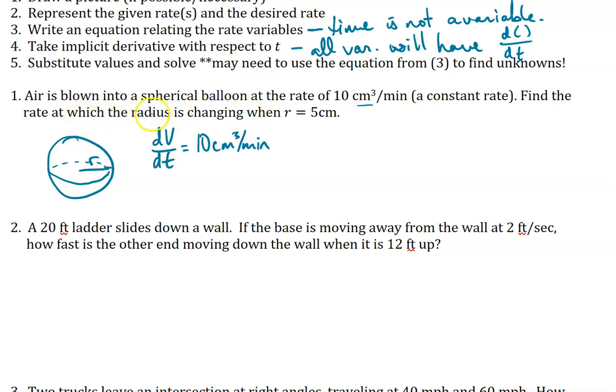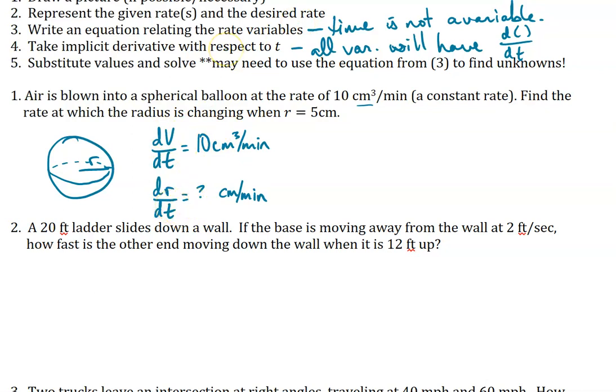So I'm looking for the rate of change of radius. So I want to know what is dr over dt if I use r for radius. And this is going to be some rate of change in centimeters per minute. Okay, so step 2, I've got my given rate, which in this case is just the change in volume, and the desired rate, which is dr over dt.